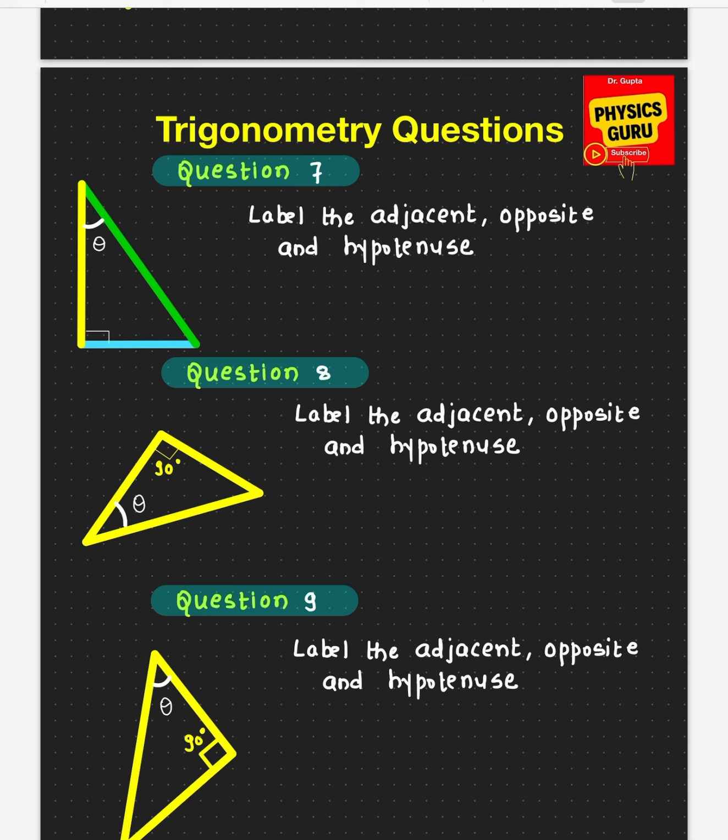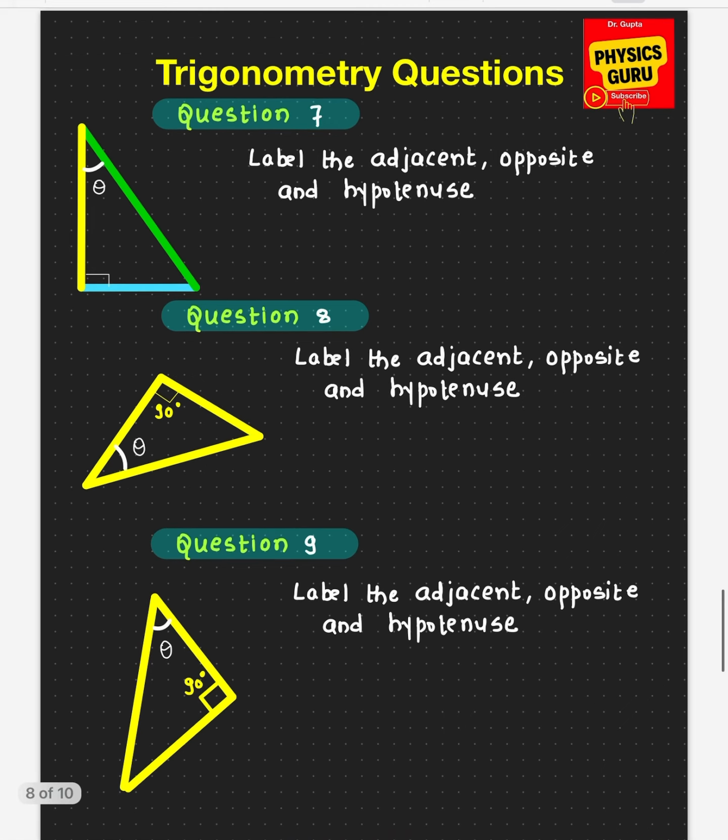So you can take a snapshot, or you can take a picture of your answer and write it down in the comment section below. And again, for this problem here, you have to find out adjacent, opposite, and hypotenuse. Okay, so solve these problems, write down your answer in the comment section below, and I will see if your answer is correct or incorrect.